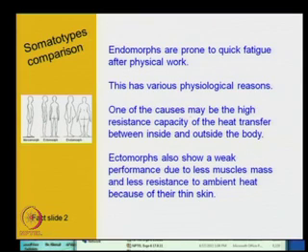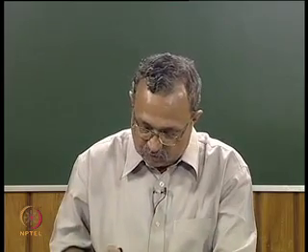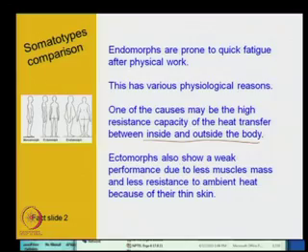One of the causes may be the high resistance to heat transfer between inside and outside the body, which is regulated by the presence of the fat layer. Ectomorphs also show a weak performance due to less muscle mass and less resistance to ambient heat because of their thin skin.